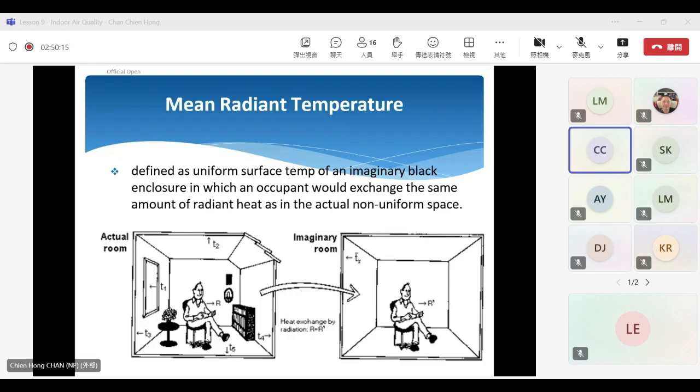Or a very cold surface is receiving radiation from your human body. So this combined effect can be translated into mean radiant temperature, to help us understand whether we are losing heat to the external environment or gaining heat from the external environment. And this has an impact on thermal comfort.